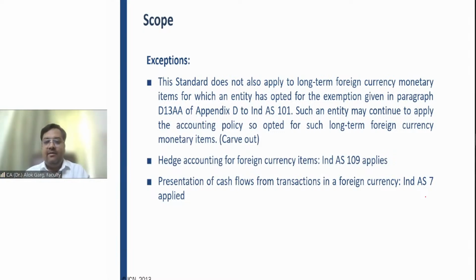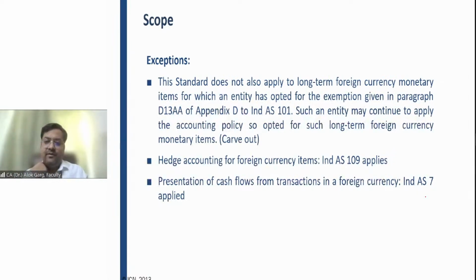In AS 11, there were 2 treatments of long-term foreign currency loans, right? What were the 2 treatments? One, if there is a change in exchange rates, the exchange rate impact has to be taken to the P&L, right?